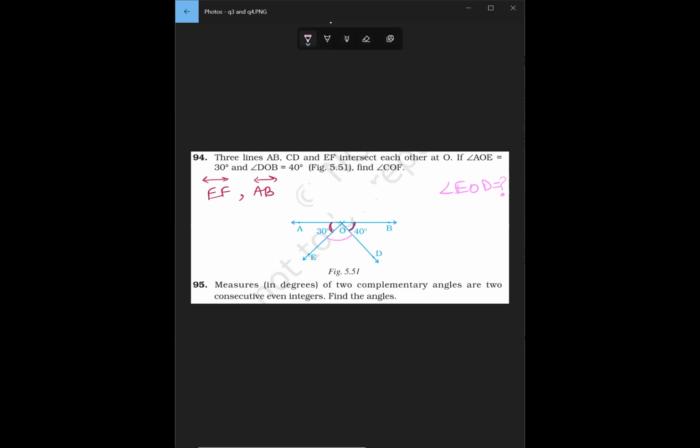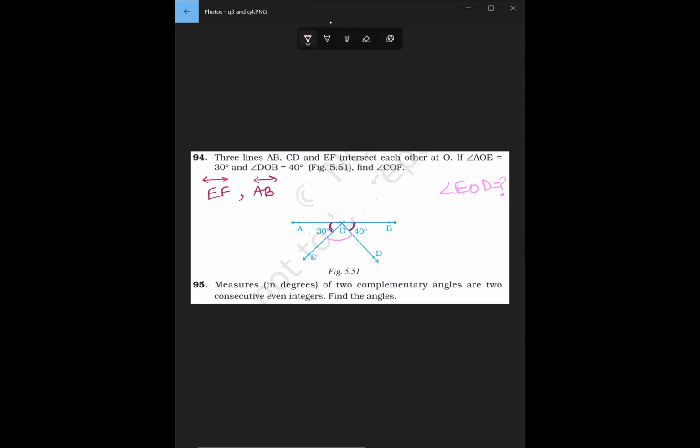No, because the sum of 30 and 40 is 90. Think again. What is the sum of 30 and 40? It's not 90. Then? It is 70. Very good. So this plus this is 70.